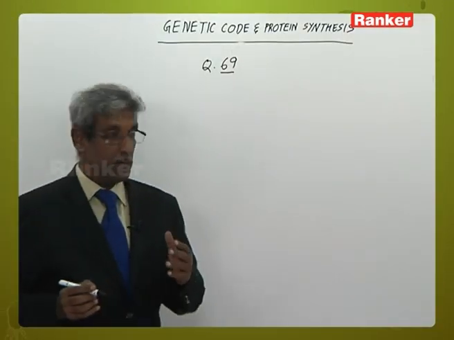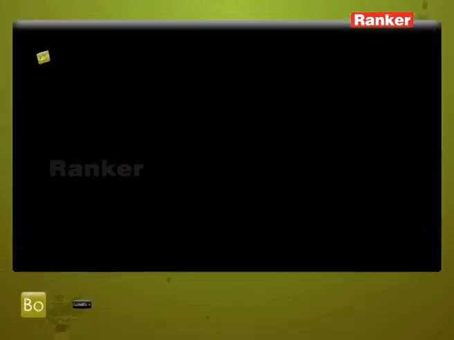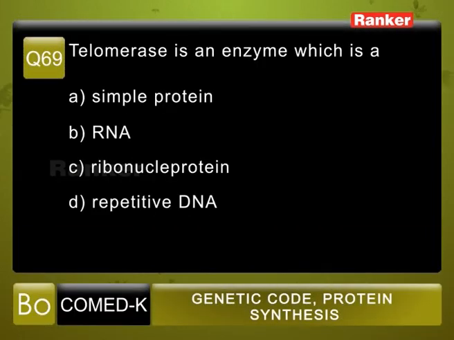We go to question number 69. Telomerase is an enzyme which is, choice A, a simple protein, B, RNA, C, ribonucleoprotein, D, a repetitive DNA.